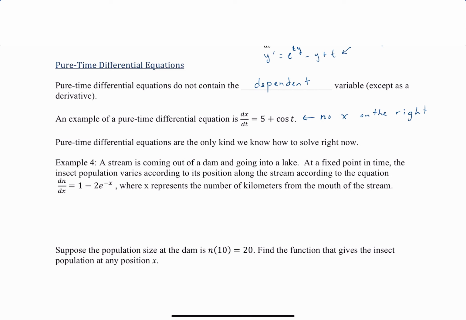Pure time differential equations are actually the one kind that we do know how to solve right now. So let's see an example of doing that. A stream is coming out of a dam and going into a lake.